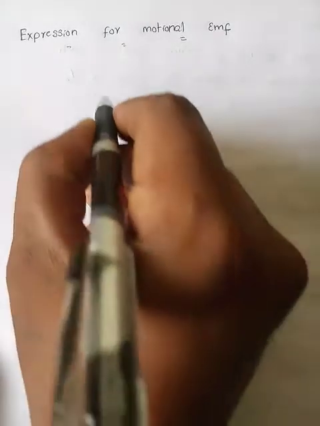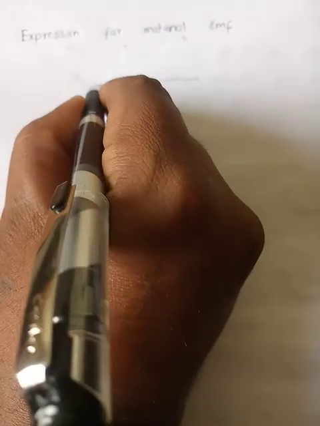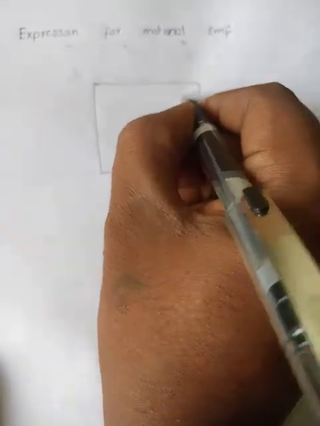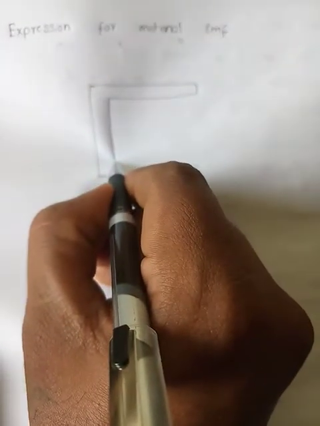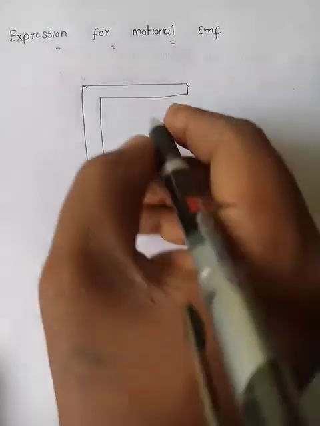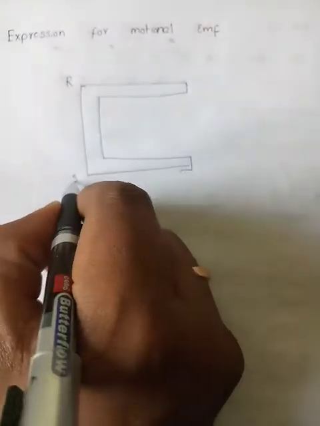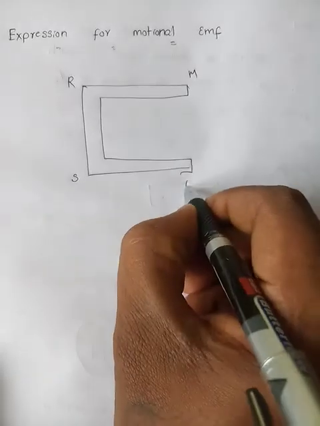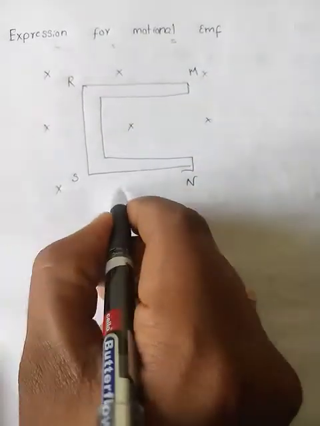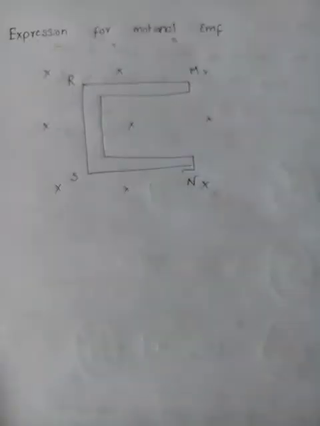To induce EMF, what should we do? We should change magnetic flux. For this, I have taken a conductor of this shape, RSML, placed in a magnetic field.